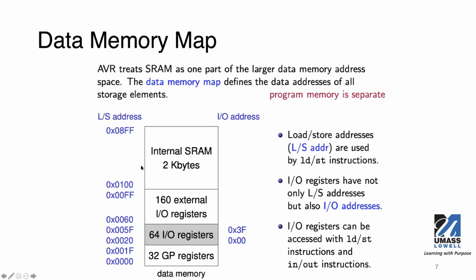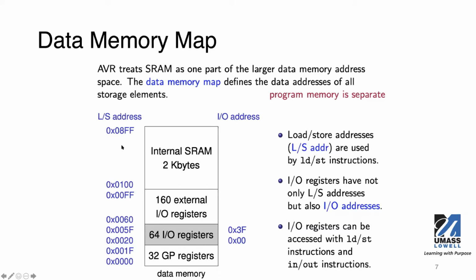You can access any of this information using these addresses, provided that they are mapped properly to these different spaces. So you can load any values from the general purpose registers or store the value into the registers using addresses from 0 to 1F. Or you can say I want to store something at address 104 in hexadecimal, and that will put the value here.